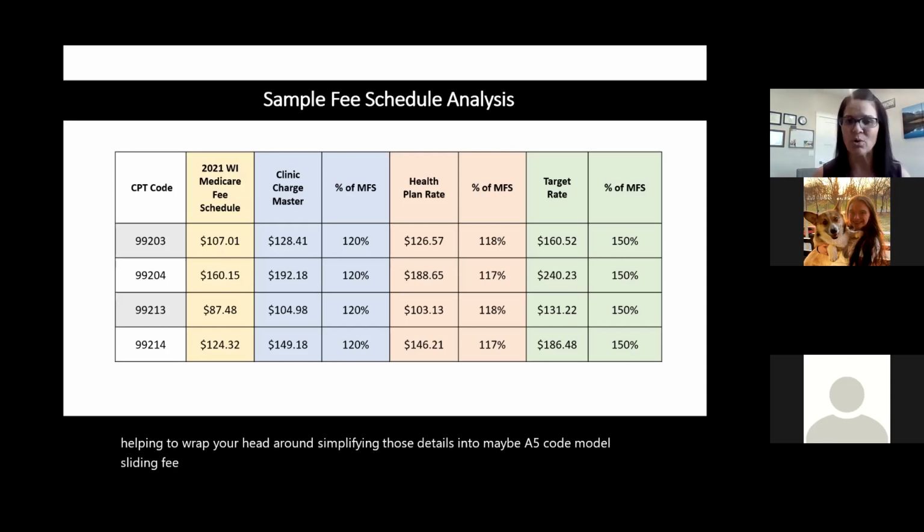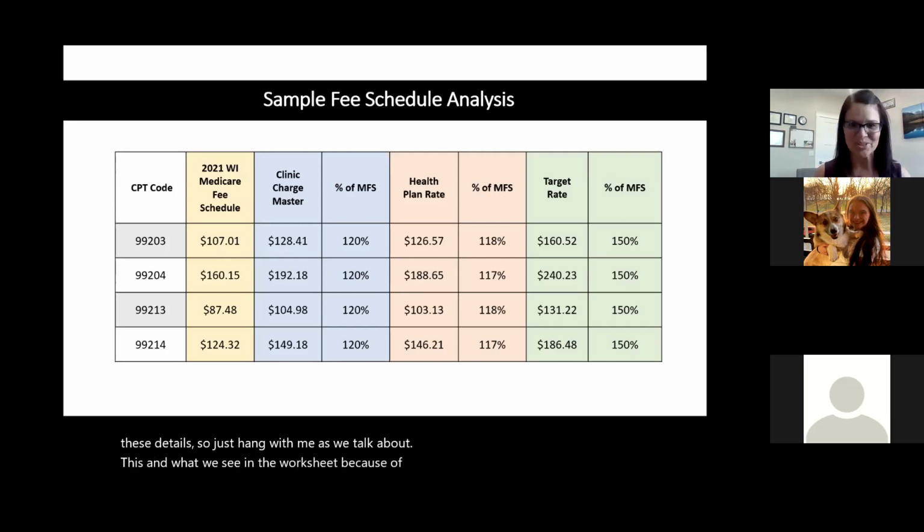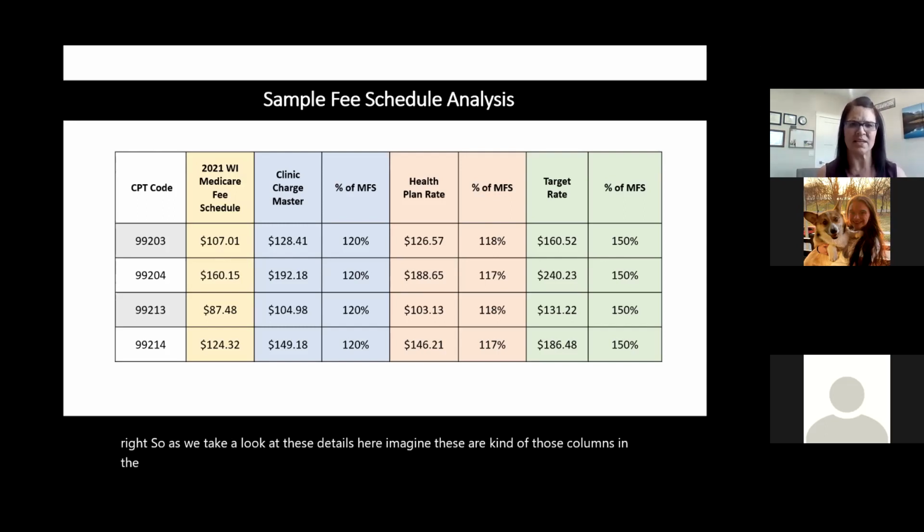That's really the goal that we're going for as we're looking through these details. So just hang with me as we talk about this and what we see in the worksheet, because of course we need to finalize our worksheet, right? So as we take a look at these details here, imagine these are those columns in the worksheet as I talk through this next piece.